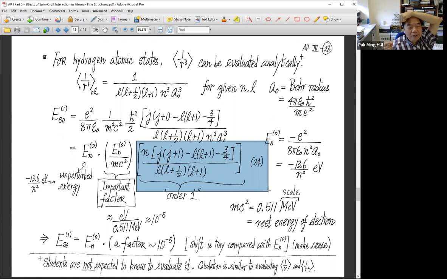So nonetheless, this expression seems to be giving us something. Actually, for that S state, L equals 0 state, we have to be more careful about this result.